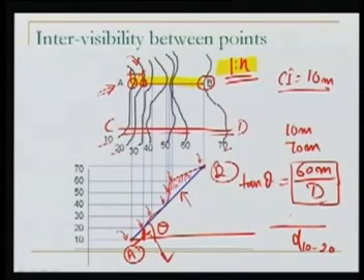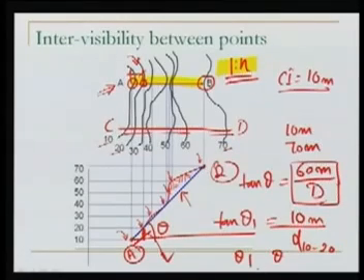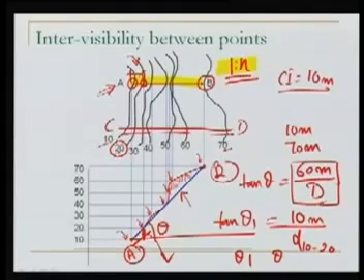And we know that the vertical distance between these two is 10 meter. Now, let us say this angle is tan theta 1. Now, by the relationship of theta 1 and theta, we can easily conclude whether the line of sight is above the ground or below the ground at this point, which is on contour 20. Similarly, for other points also, this can be computed by the relationship between theta 1 and theta.